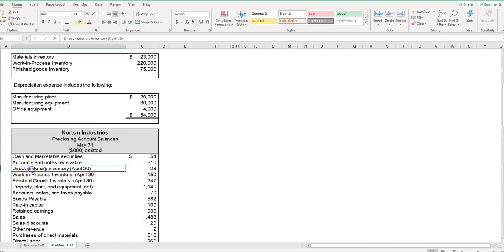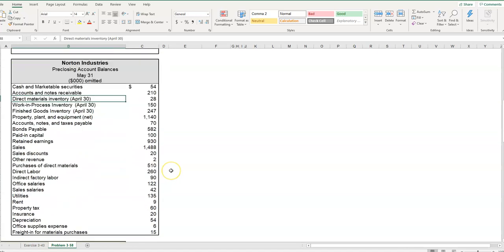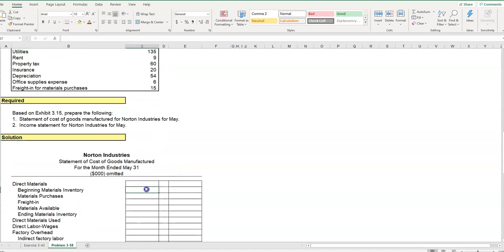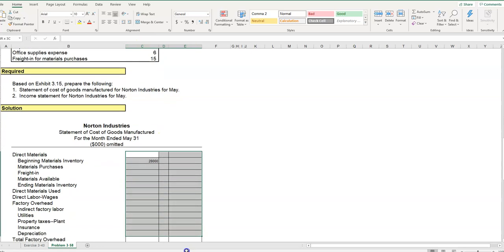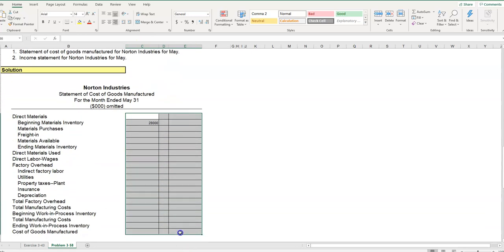So we see here, direct materials inventory as of April 30th was 28,000. So 28,000 is our direct materials inventory. I'm going to format these cells to be numbers.